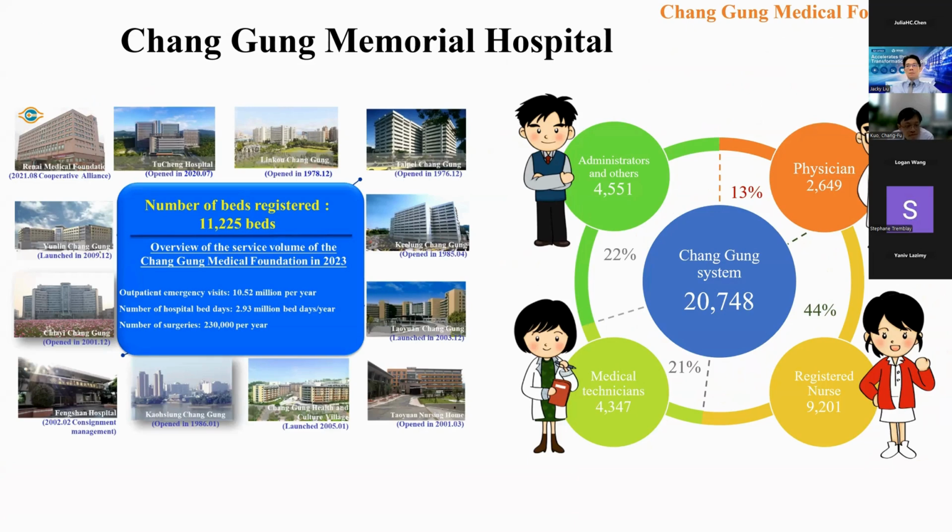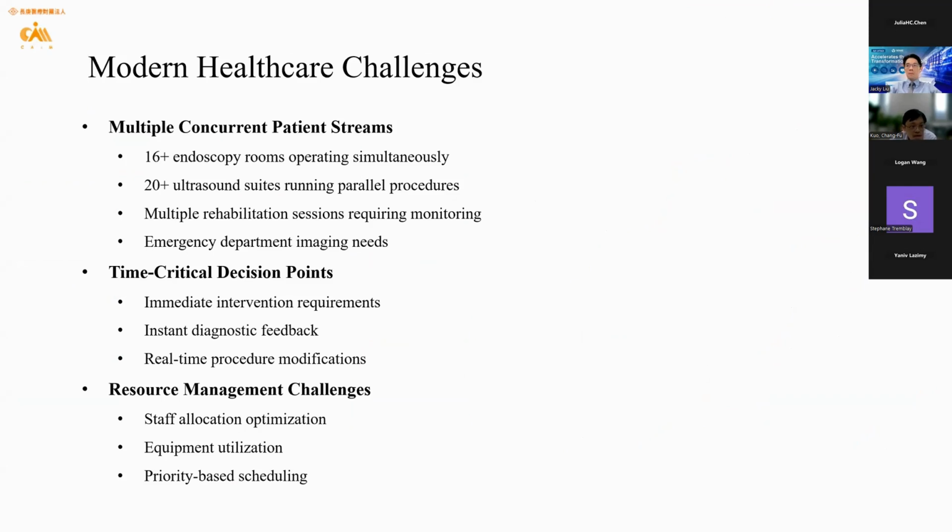So this is a very busy hospital chain. That's why we are trying to use AI and other digital technology to improve the efficiency and the patient satisfaction. And there are many different kinds of challenges in modern healthcare systems.